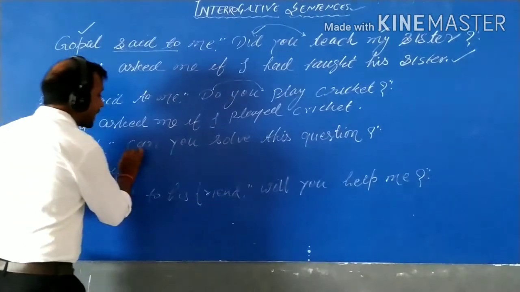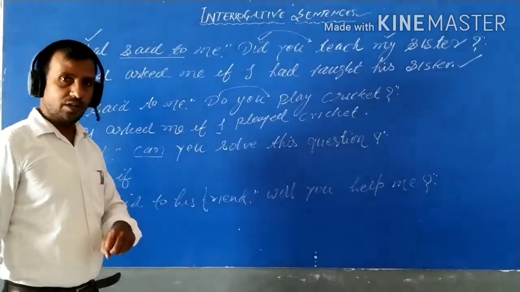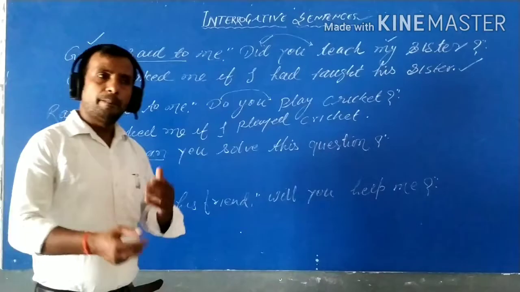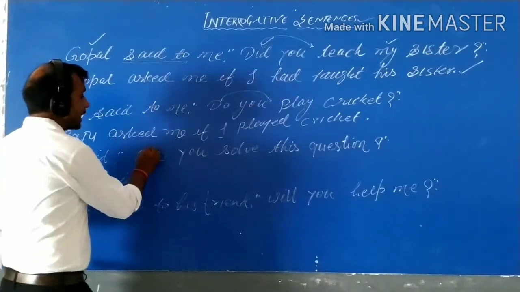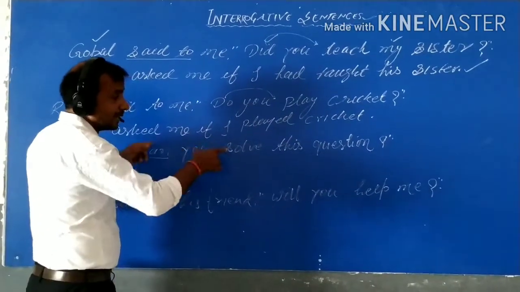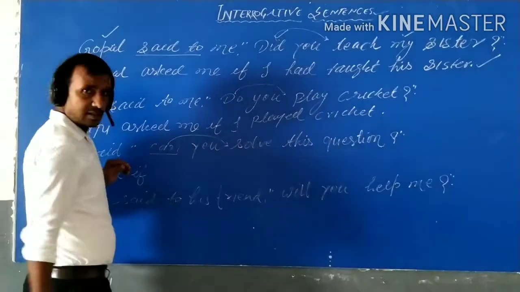Now I shall, then I ask if. I have taken some examples of modals also, because we can make interrogatives with the help of a modal. If you want to change this sentence into assertive, then you have to just put "can" beside the subject.